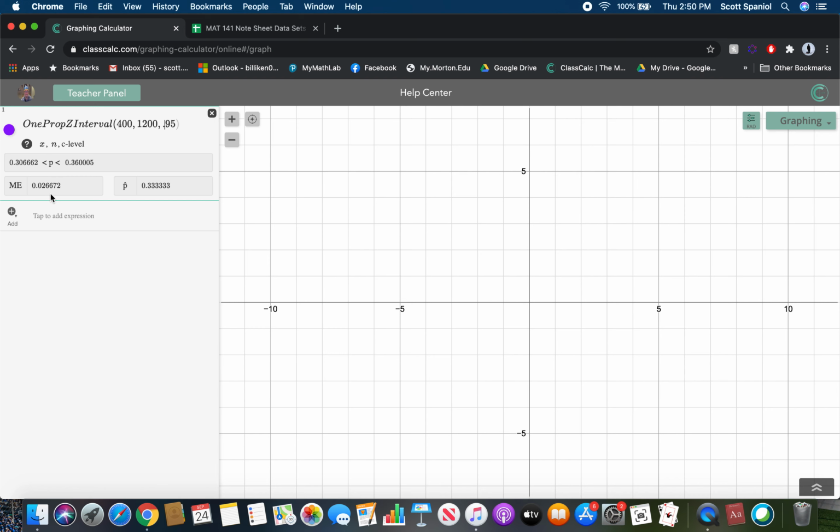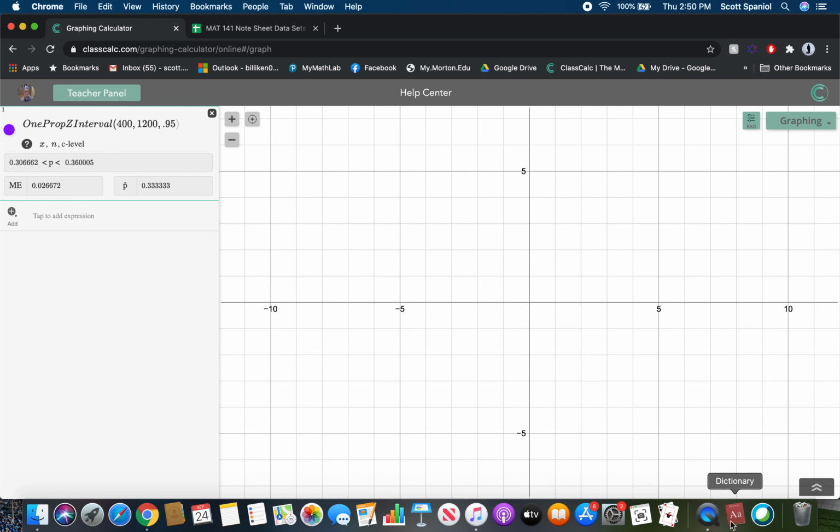And it actually gives me pretty much all the things I could possibly want to know about this, right? It gives me my interval. So my interval here, my lower bound is 0.307, and my upper bound is 0.360, and my margin of error is 0.027, and my p hat is 0.333.